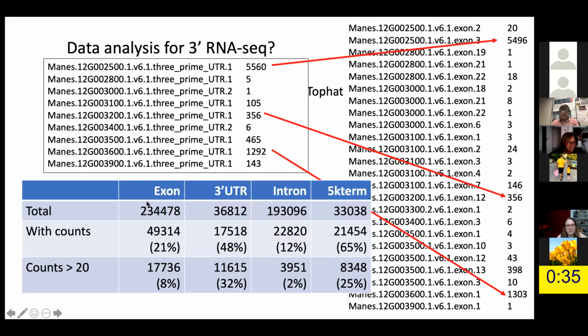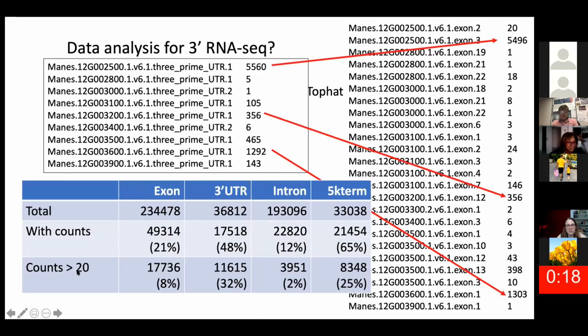We have in total about 230,000 exons, and in about 20% of these exons we have hits of these reads from the 3' RNA sequencing.